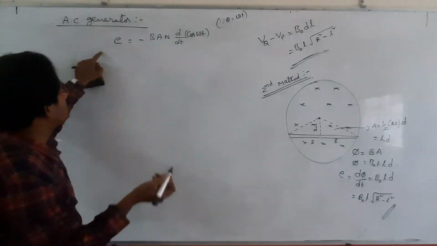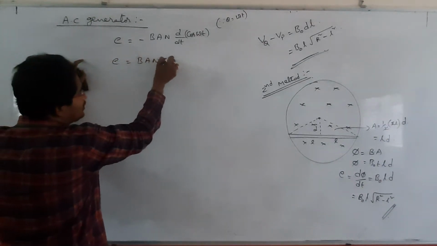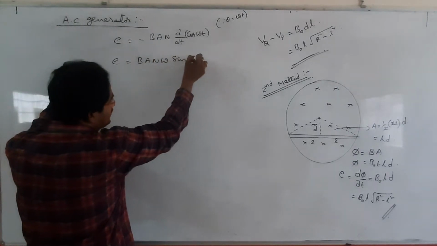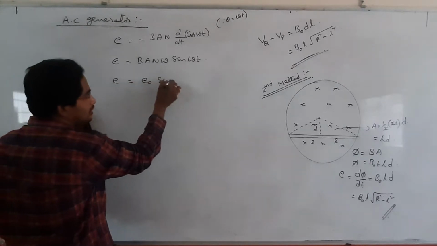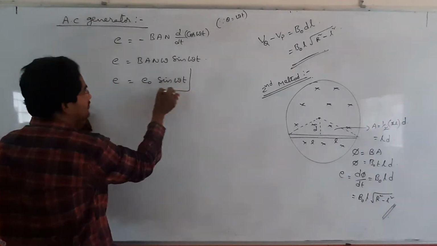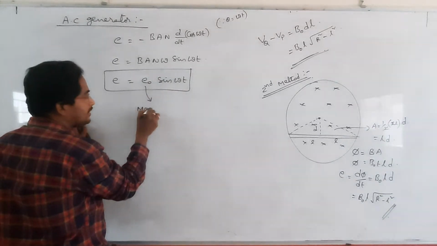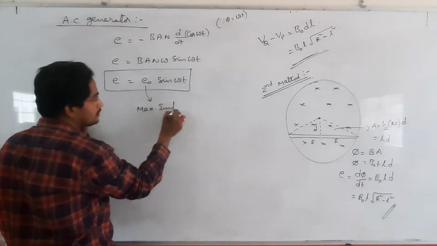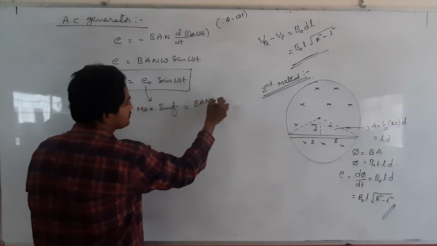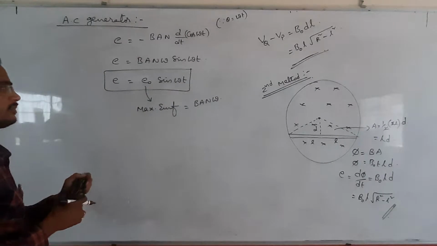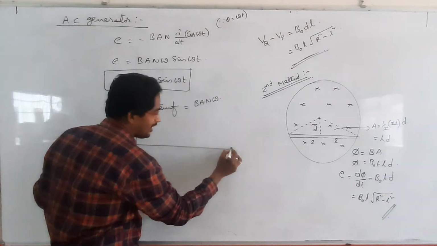So by that, the induced EMF formula we get is B A N omega sin omega t. It is in the form E naught sin omega t, where E naught is called the maximum EMF. That formula is B A N omega. Do remember it well.